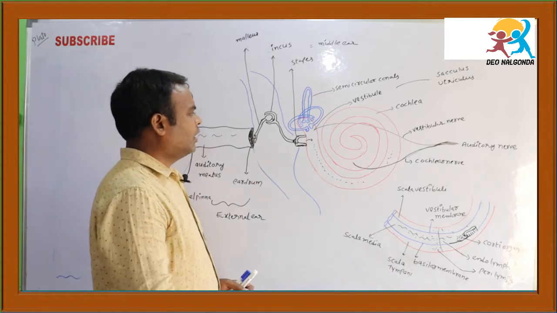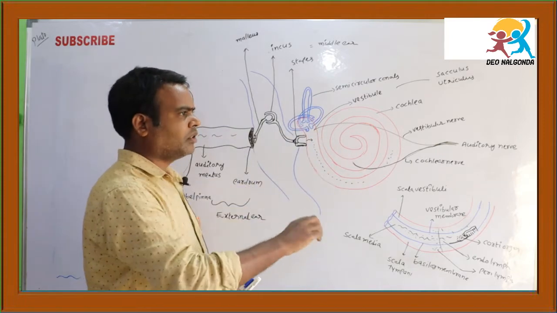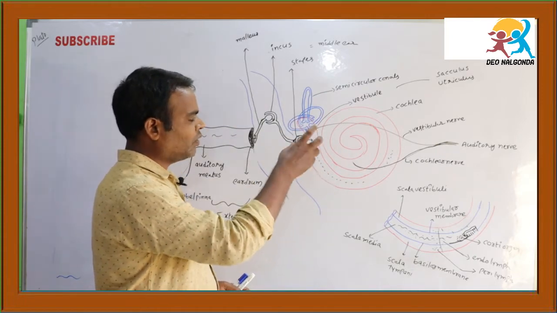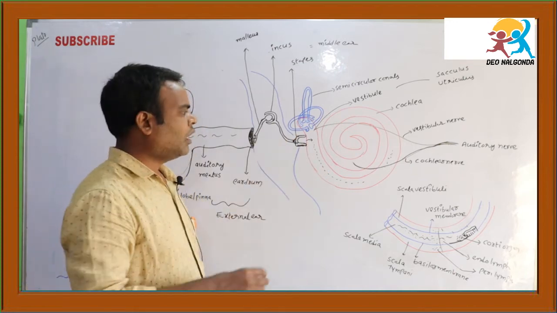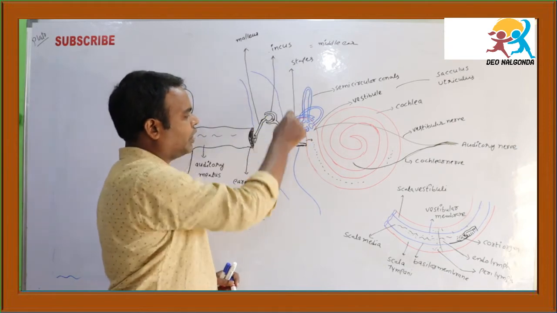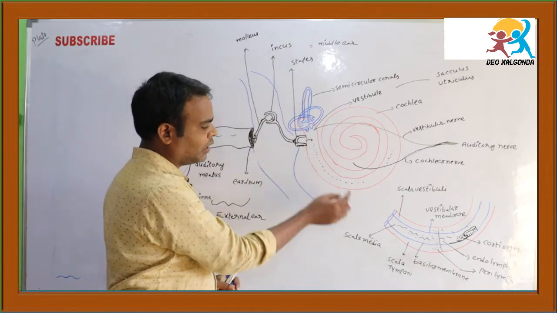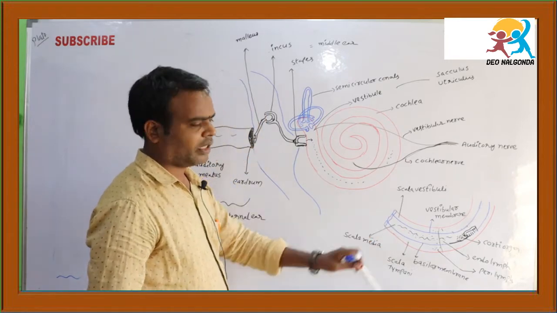Two openings will be there, but they are not completely open. One is called the oval window and the other the round window. Through the oval window, the stapes is connected to the middle chamber of the cochlea.